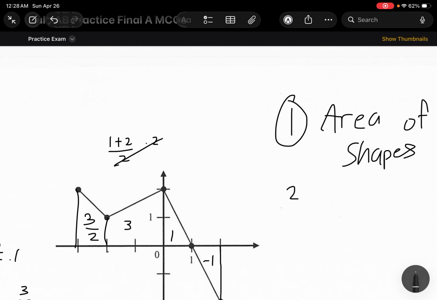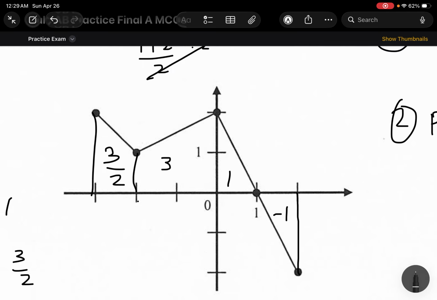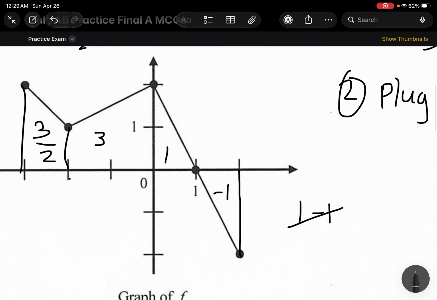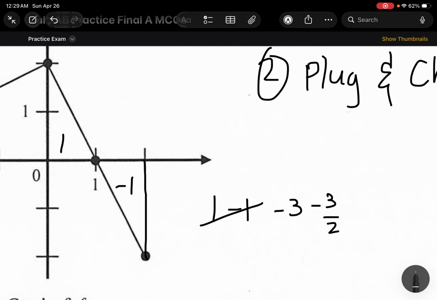So now we're going to do a plug and chug. It's going to be 1 minus 1 crosses out, minus 3 minus 3/2. That's going to be simplified to -9/2.